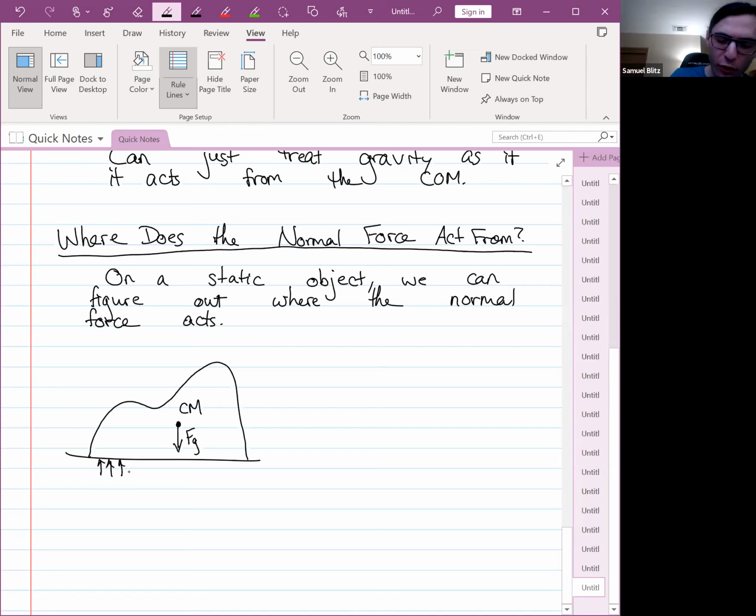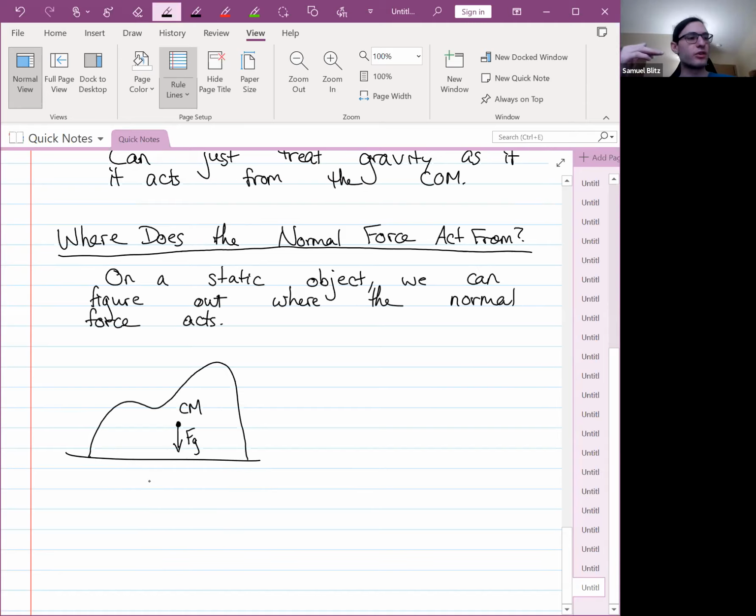Because really, the normal force acts everywhere, because the normal force is electrons in one thing repelling the electrons in the other thing. But just like the Earth pulling on every atom in you, we can treat all of those repulsions as a single force at one location. That's what we want to do so that we can compute the torque easily.